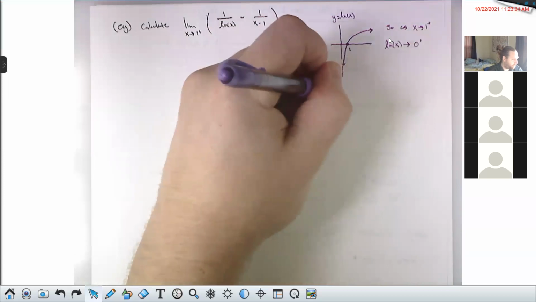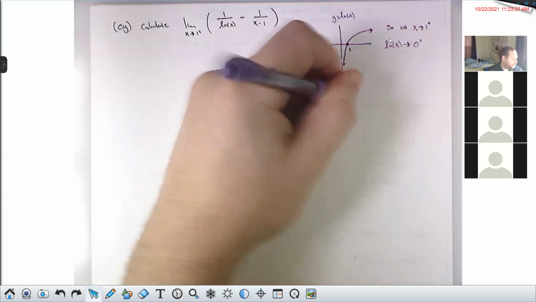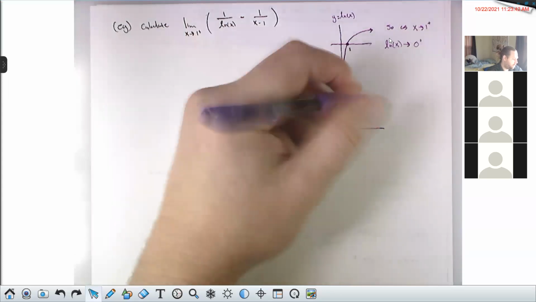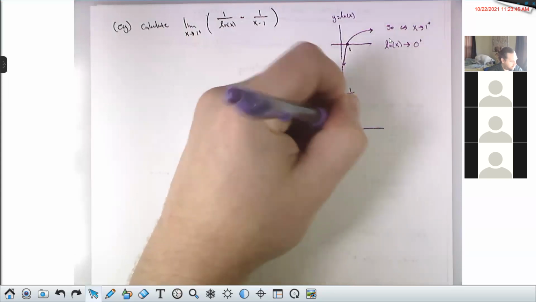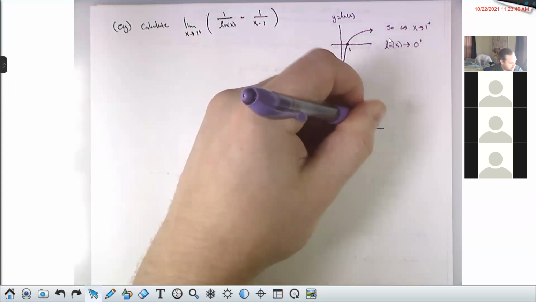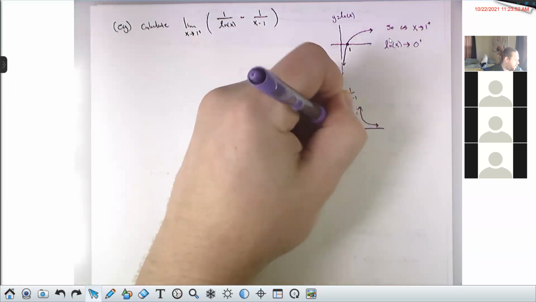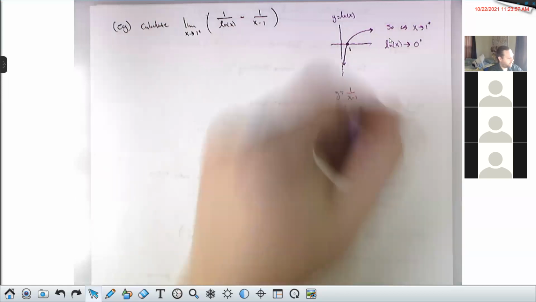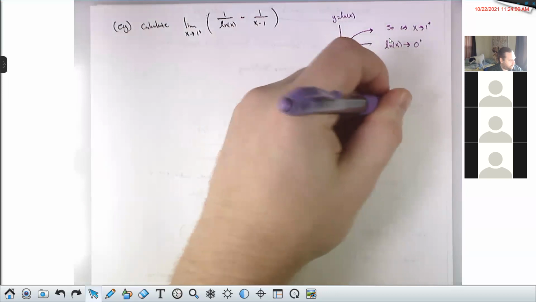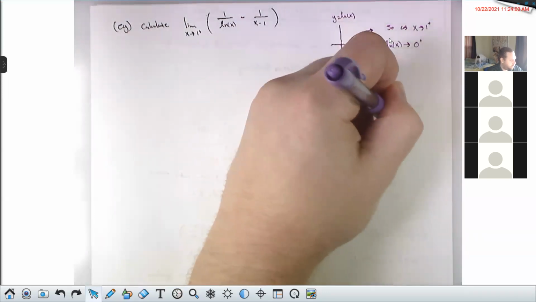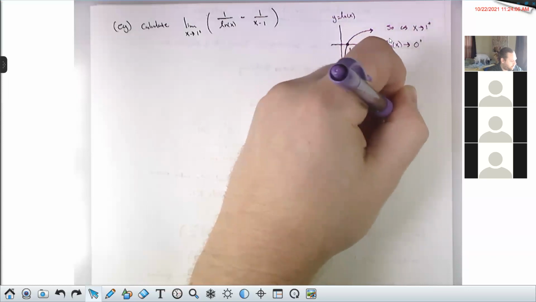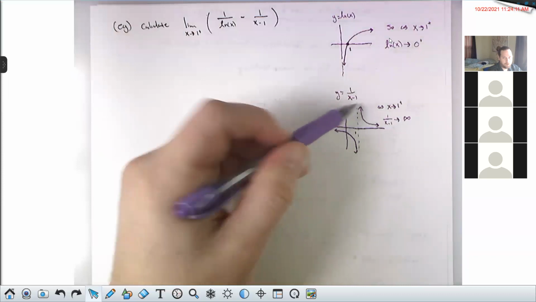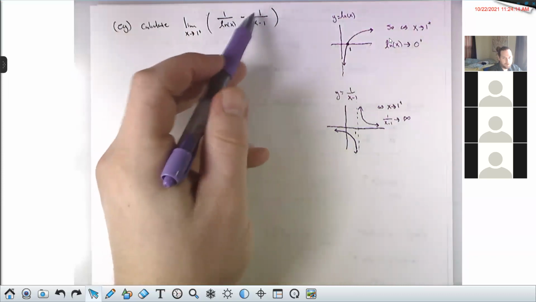The graph of 1 over x minus 1, that whole thing we do know. That's the same as the graph of 1 over x, just shifted to the right 1 unit. So here's the line x equals 1. And here's the graph of 1 over x minus 1. So here, as x goes to 1 from the right, 1 over x minus 1 we see is going to positive infinity, right? As I approach this asymptote from the right. So this whole piece is going to positive infinity.